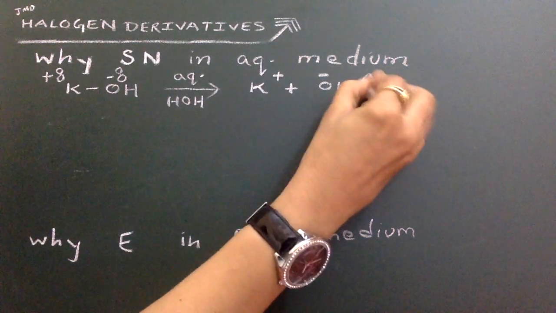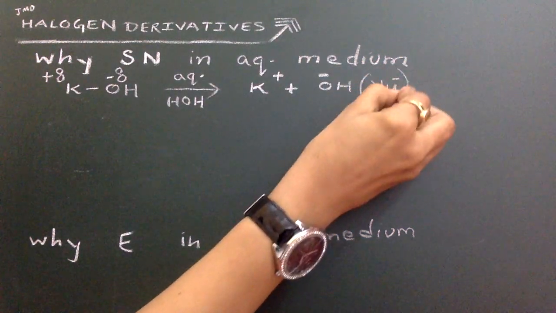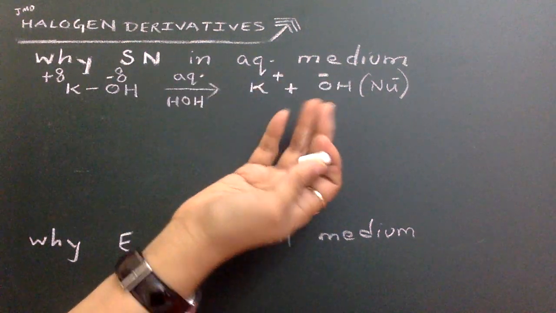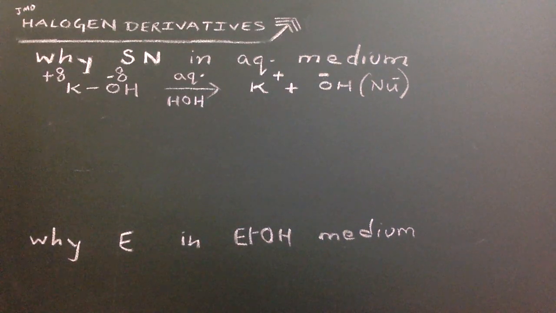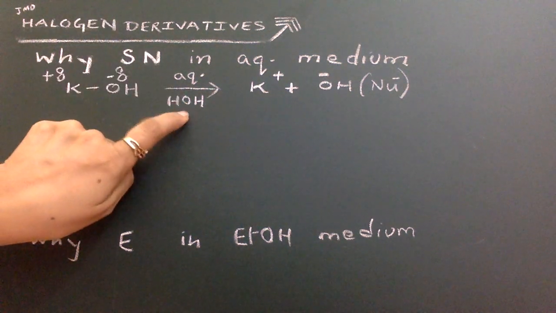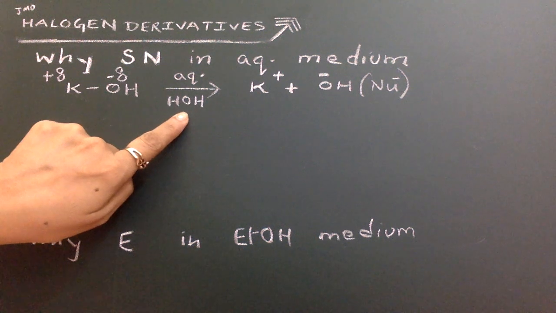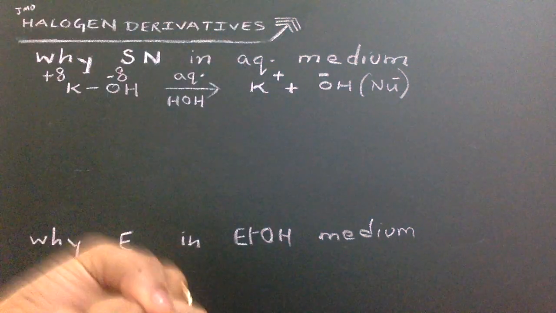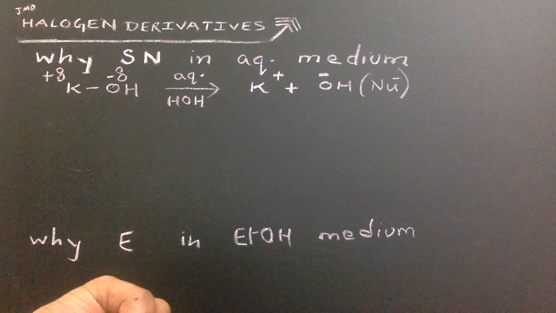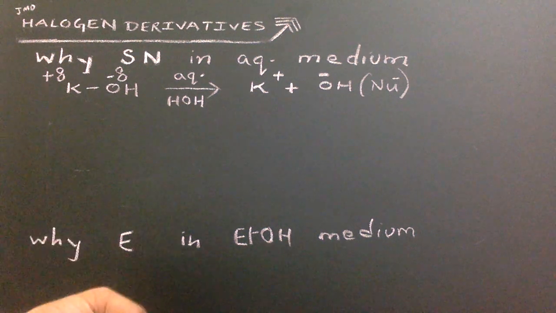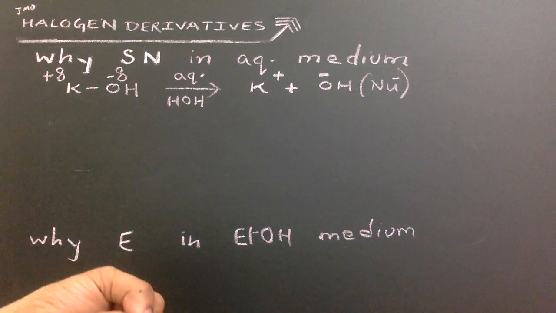This is a nucleophile and this is an electrophile. Fine, it got split into K plus and OH minus. But what we should understand here is that the water molecule over here will help me to keep OH minus in its strong OH minus form, and that nucleophile will help me to do nucleophilic substitution.